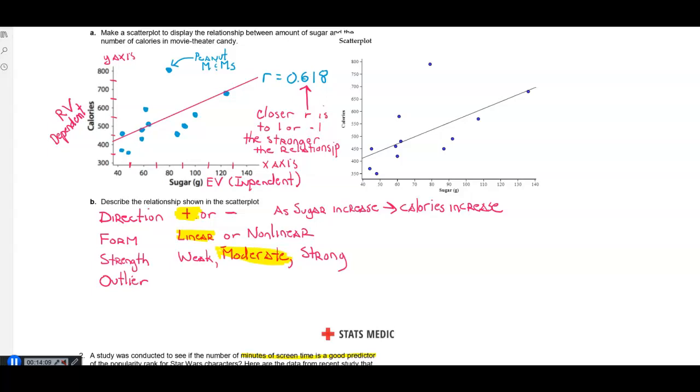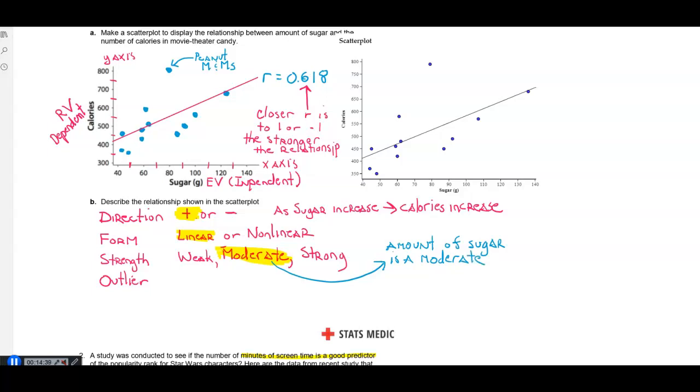Okay, now the whole point of this is, this tells you right here that the amount of sugar is a moderate predictor, not a very good predictor, which I thought it would be strong.